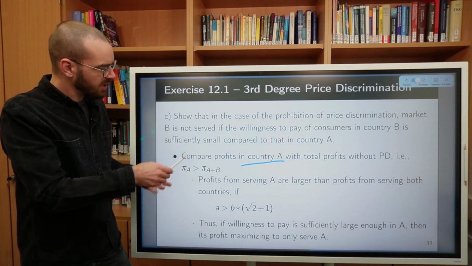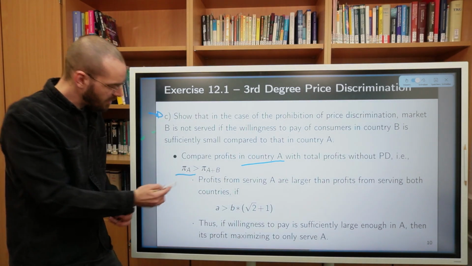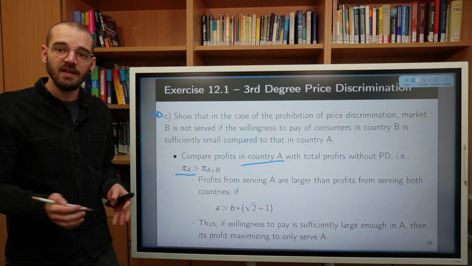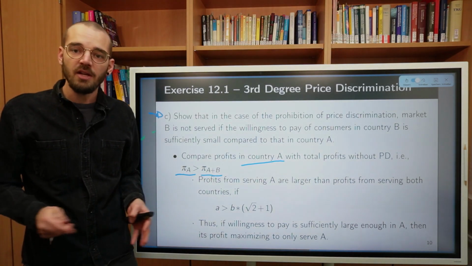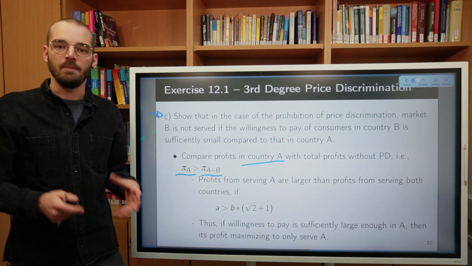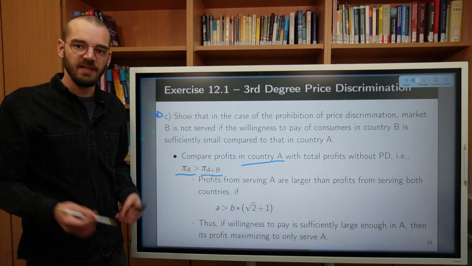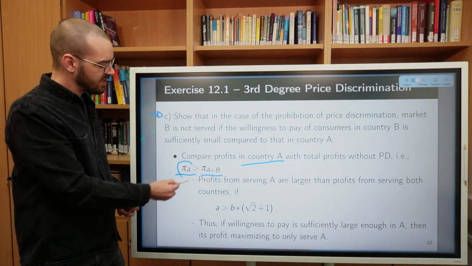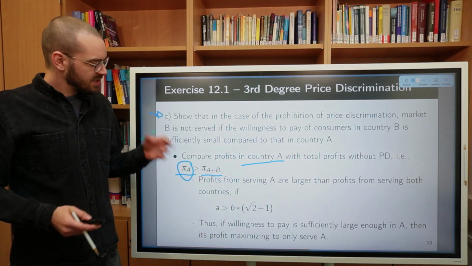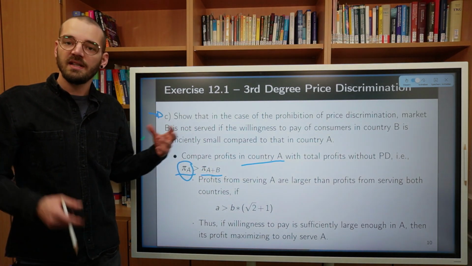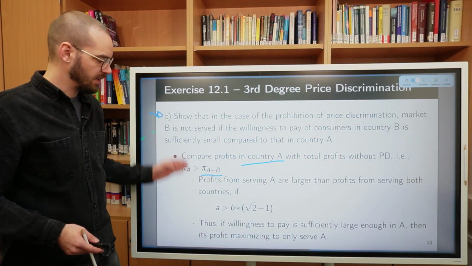So what we are looking for, according to the description of the task, is a situation where the profits of serving country A only and in isolation, so pi A, is bigger than serving both countries in combination, so pi with an index A plus B. Under which conditions is pi A larger than pi A plus B, where again pi A stands for the profits of the monopolist when they only serve country A, and pi with an index A plus B stands for the profits in a situation where the monopolist serves both markets at the same price, at the same time.